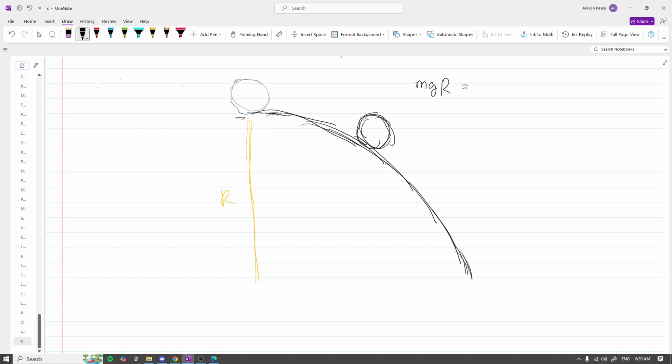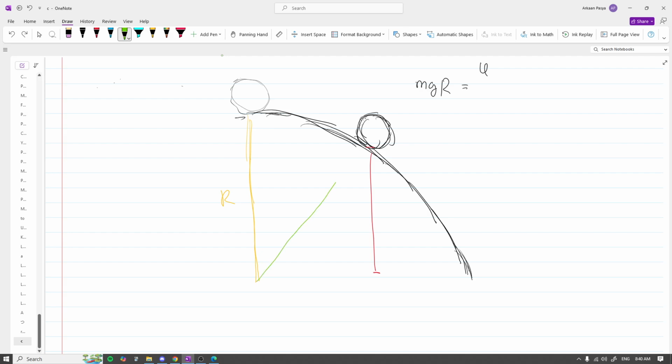It is equal to the mechanical energy here. And so we search for the potential energy. The potential energy here depends on the height of this point.